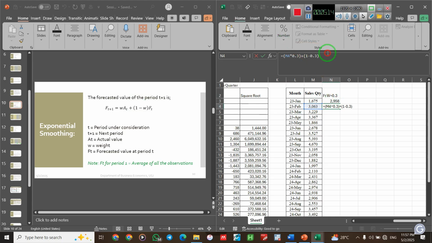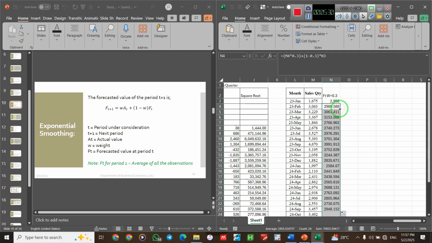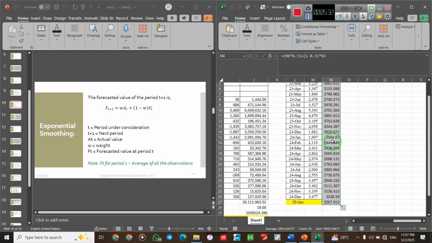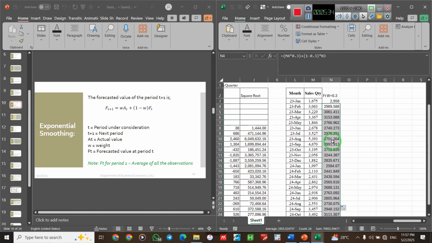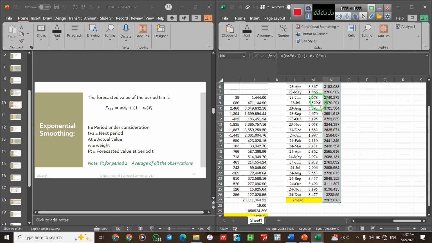I put an asterisk here and select this F_t and press enter. So you can come up with the forecasted value for February 2023. Then you can simply double click from here, so you can come up with the forecasted value for each month.